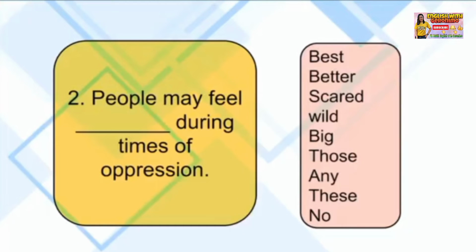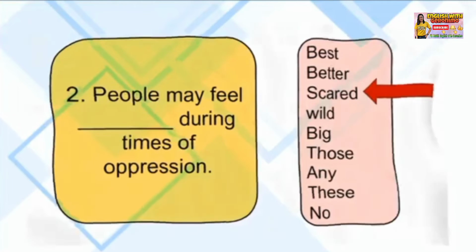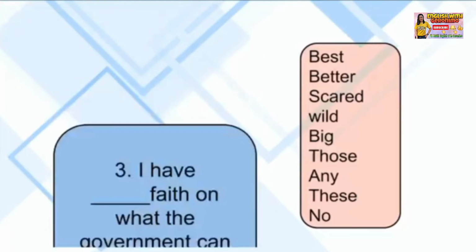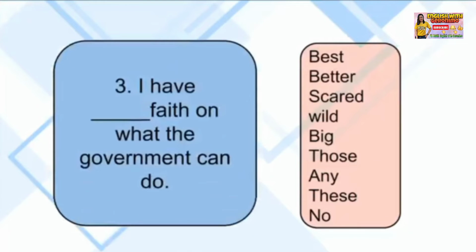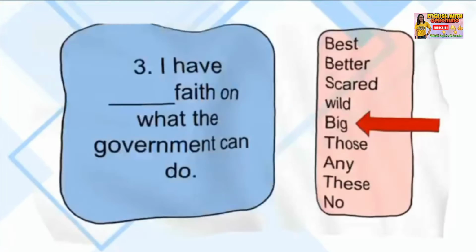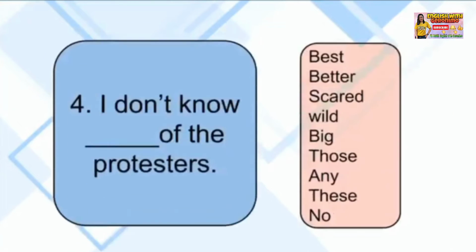Number 2. People may feel blank during times of oppression. Correct answer is scared. 3. I have blank faith on what the government can do. Correct answer is big. Number 4.